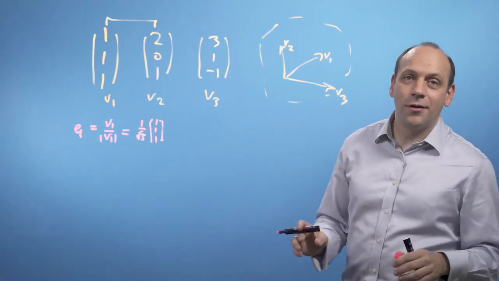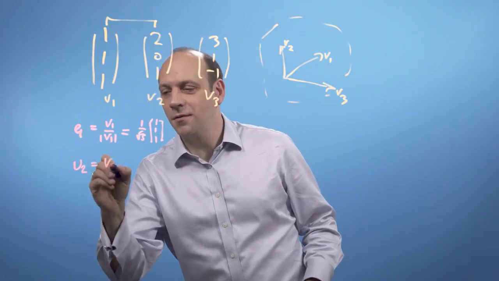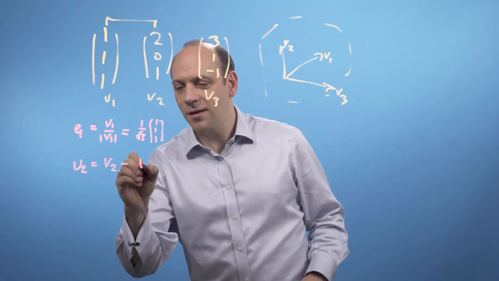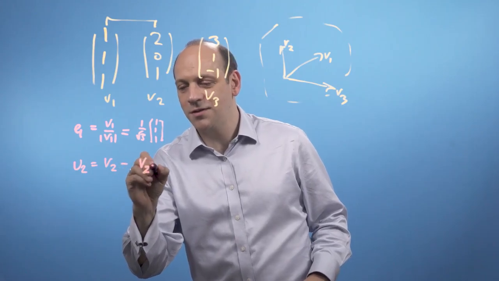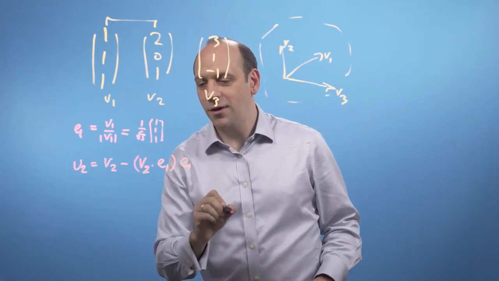So then we can carry on, and I can find u2, which is equal to v2 minus some number of e1. The number is going to be the projection of v2 onto e1, times e1.